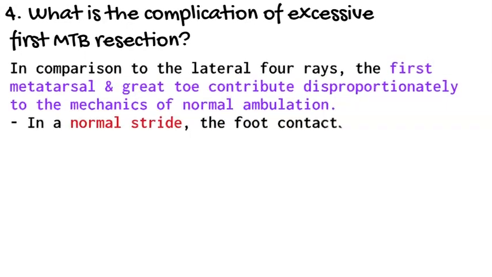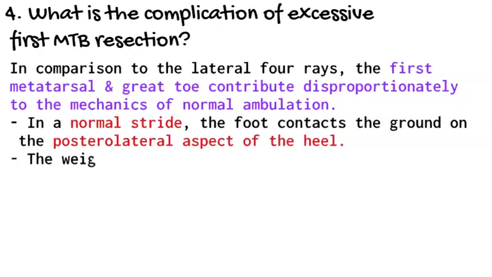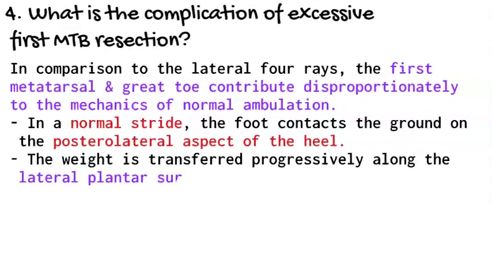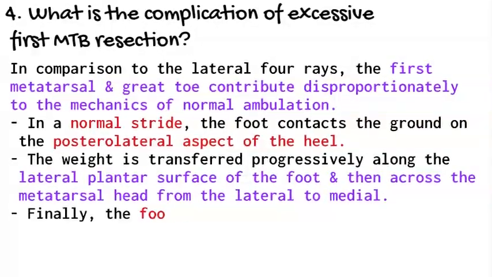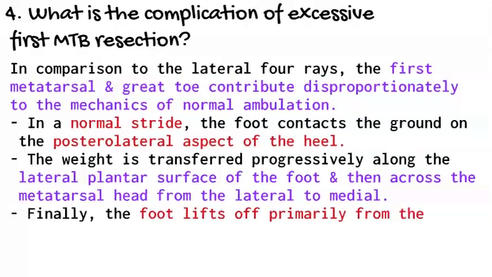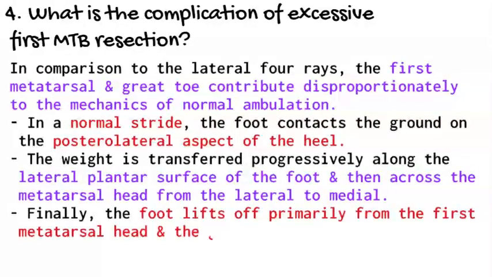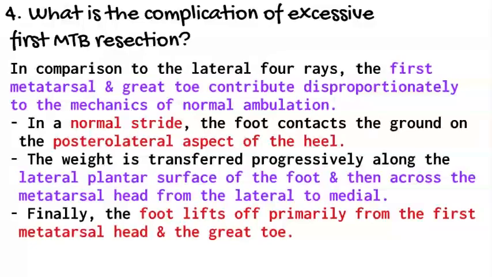In a normal stride, the foot contacts the ground on the posterolateral aspect of the heel. The weight is transferred progressively along the lateral plantar surface of the foot and then across the metatarsal heads from lateral to medial. Finally, the foot lifts off primarily from the first metatarsal head and the great toe.